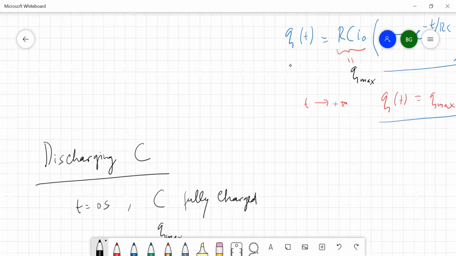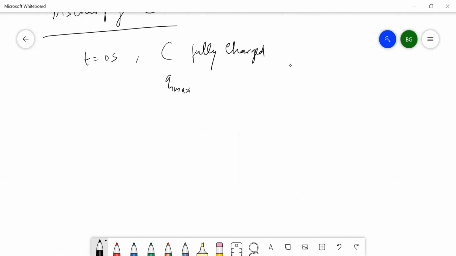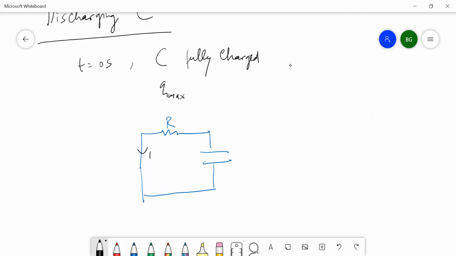So the circuit will be like this. We have this R here, and this C is already fully charged. We will also have this I here.